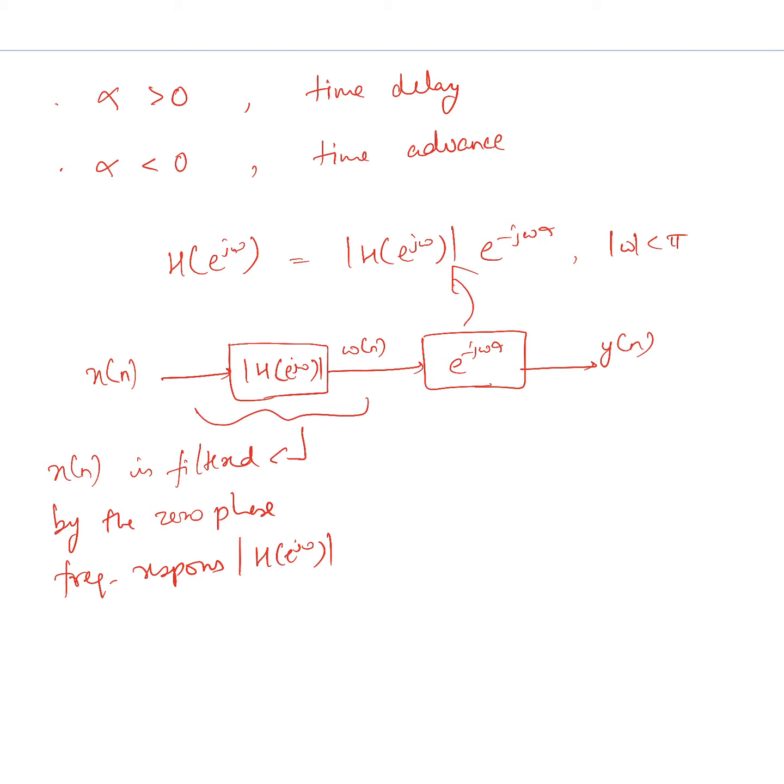Okay, and here in the second part, whatever be the filtered output, that is w[n], the filtered output is then time shifted. So we will use the generic term time shifted whenever we are doing the time delay or the time advance.